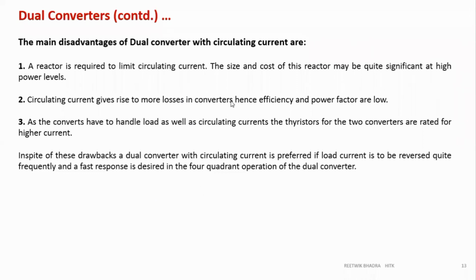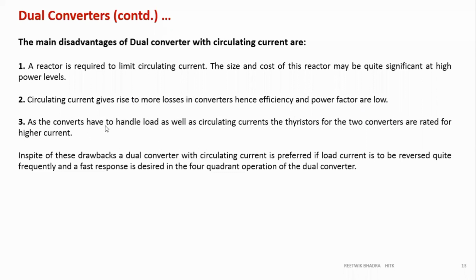If you go on increasing the size of the reactor, the cost of the reactor will also increase. So at high power levels, the reactors will be very costly. This circulating current will also lead to I square R losses. So there will be more losses in the rectifier, and hence the efficiency and power factor will be low.